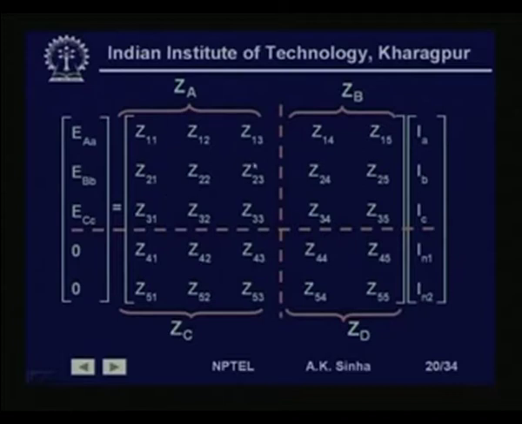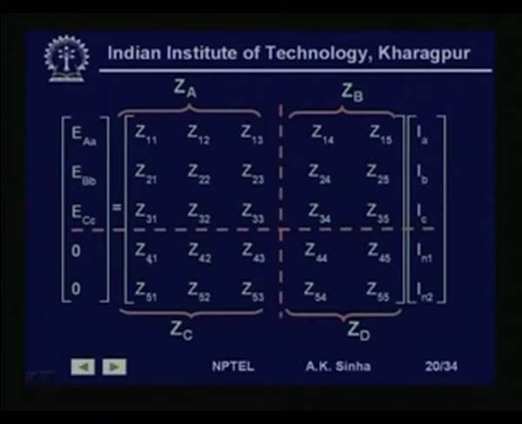These impedances are relating the voltages across the phase conductors with the currents flowing in the phase conductors. Similarly, the voltages across the phase conductors due to currents flowing in the neutrals can be given by the impedances shown in this Z B, that is Z14, Z15, Z24, Z25, Z34, Z35, and Z C indicates the voltage across the neutral conductors due to currents in the phase conductors.